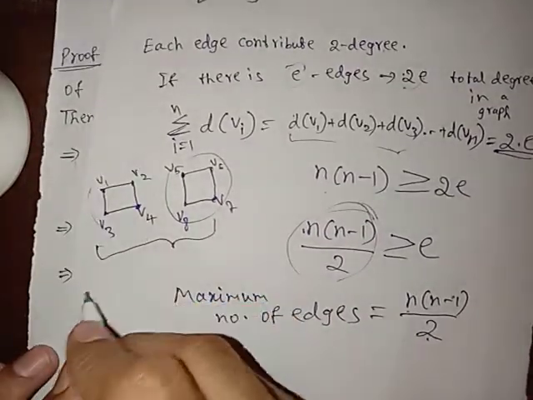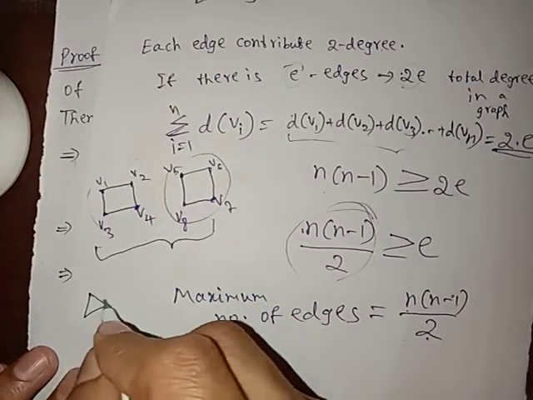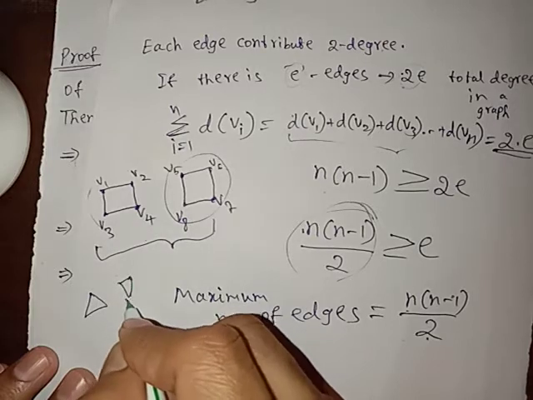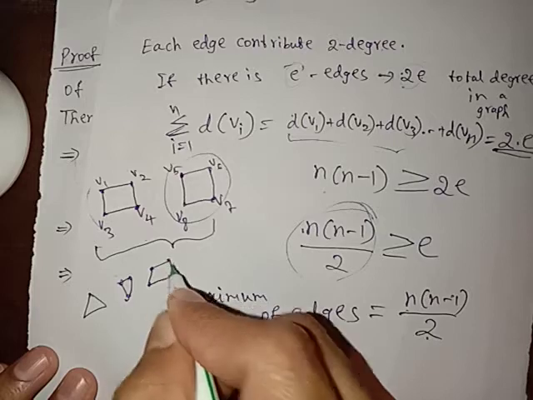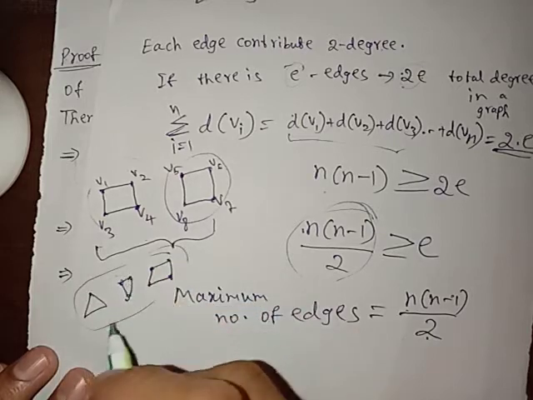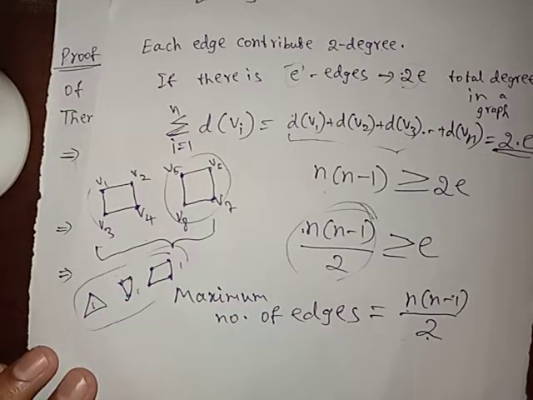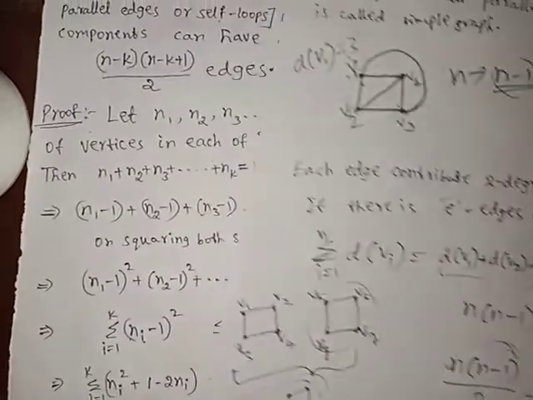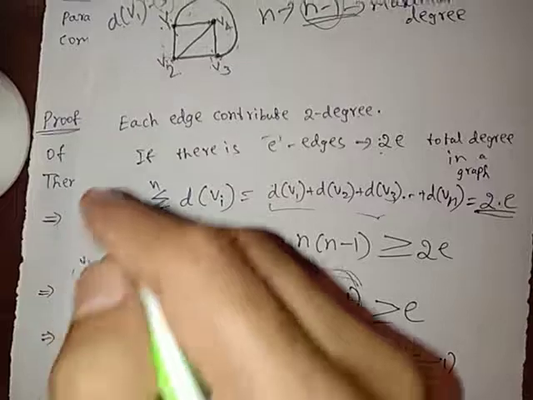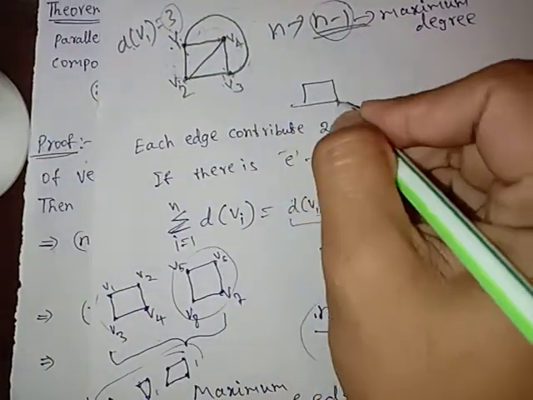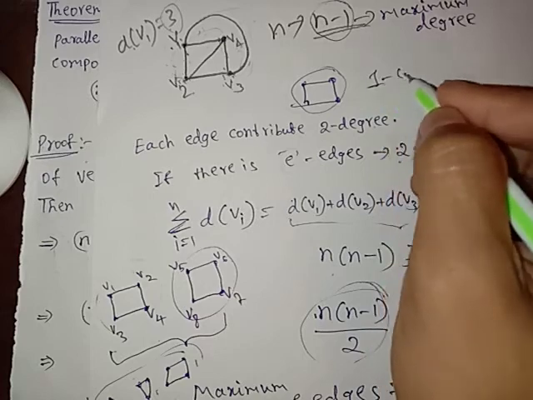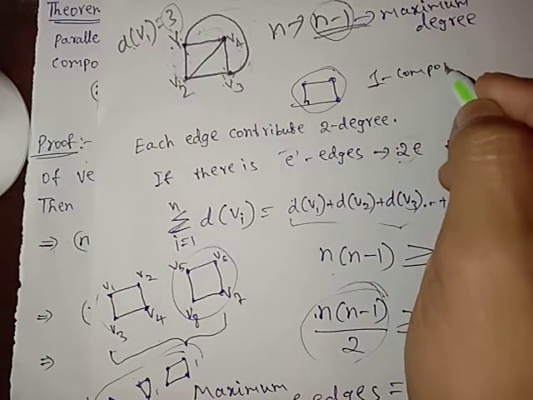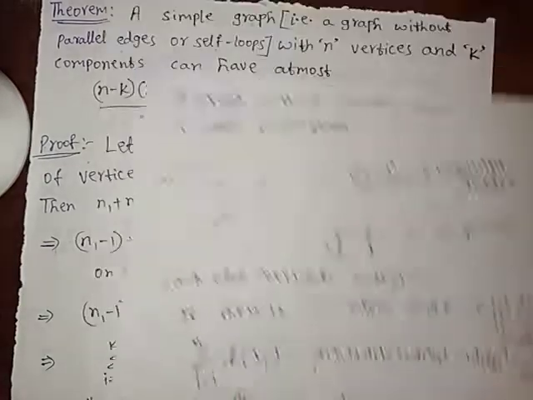Similarly, in this graph, 3 components are there. Similarly it moves on. If only this is there, then only one component is there. So this is the meaning of component.